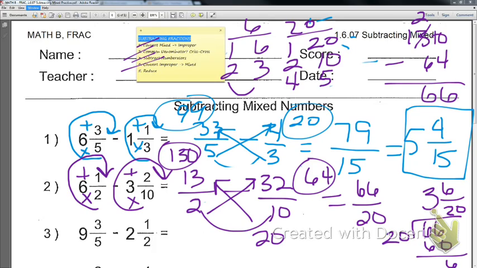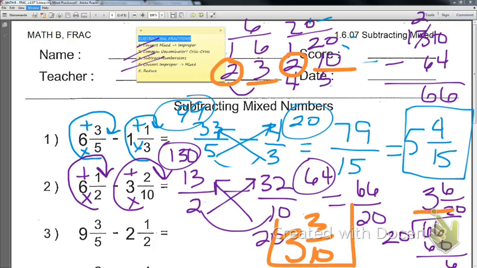Alright, look for the greatest common factor. It's 2. That means the 6 over 20 reduces to 3/10. Your final answer then, don't forget that whole number, is 3 and 3/10. Alright, good luck on the rest of those.